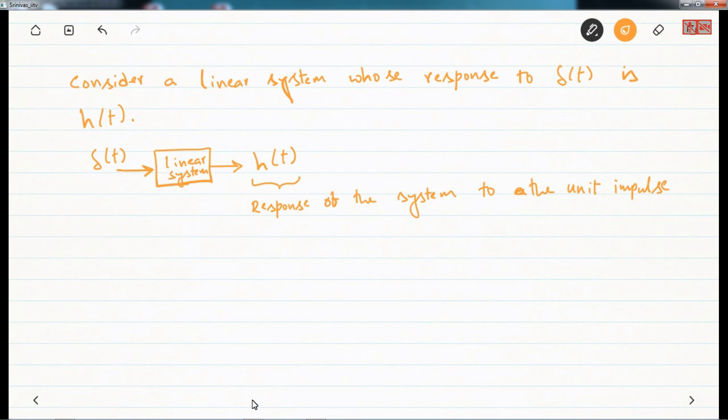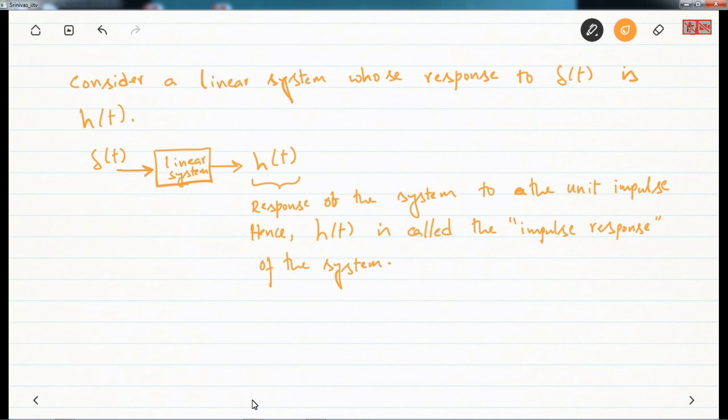If there is a system, and if we give delta of t as the input, and it produces h of t as the output, then that h of t is called the impulse response of the system.